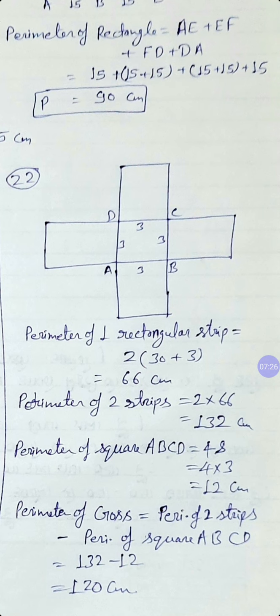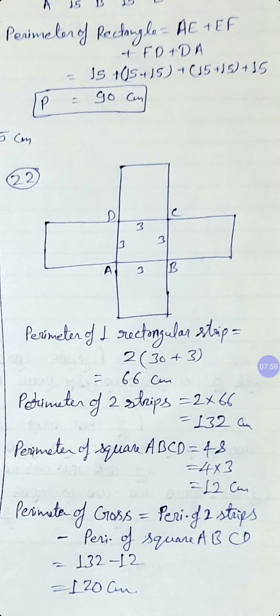If we place two strips one above the other, we will form a square inside these two strips, and these sides will not be counted as perimeter because these are coming inside this cross, so these cannot be counted as the outer sides. So we have to remove this one.